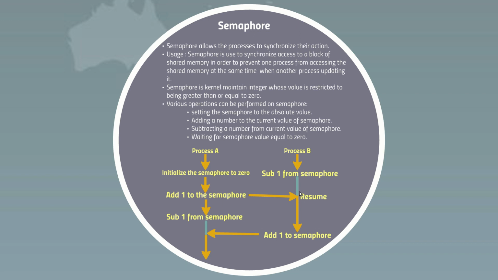Process B will be blocked and wait for the completion of the first process, process A. After the completion of that process, it will subtract one from the semaphore, go to the other process, and add one to the semaphore, and process B will continue to run while the first process blocks.